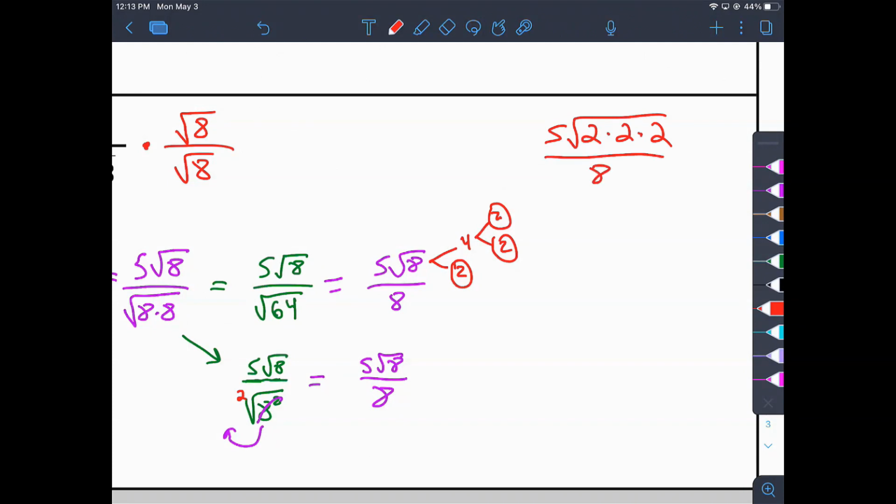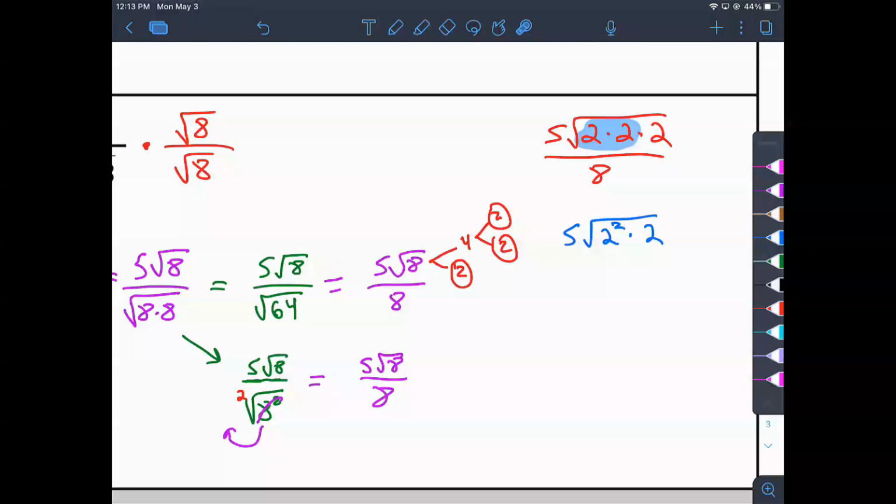And of course, there's an 8 on the bottom. Well, what's the index number? We just talked about it down here. It was a 2. So that means I want to grab 2 of these. And I want to make this 5 root 2 squared times 2.